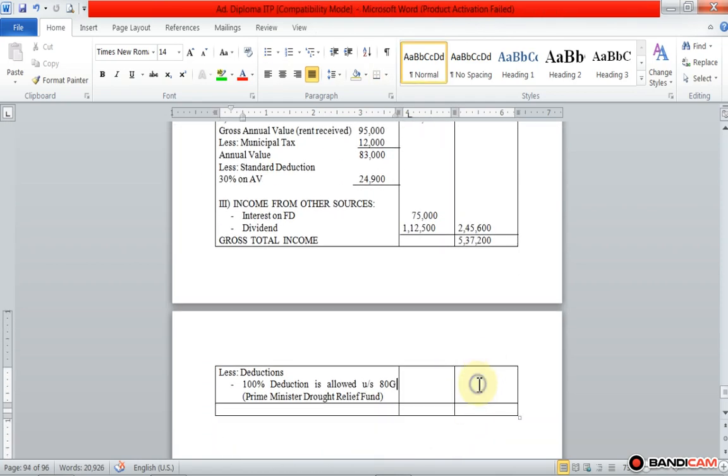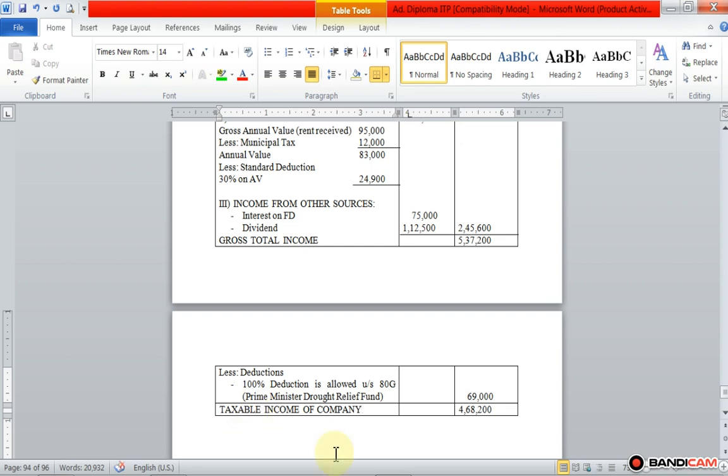So deduct the 69,000 from gross total income. 5,37,200 minus 69,000, we get 4,68,200.